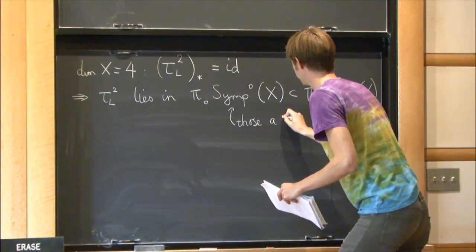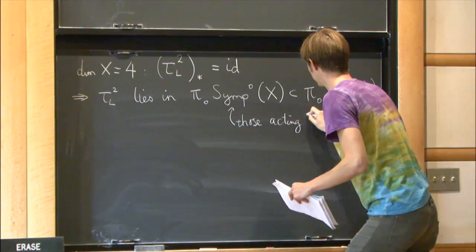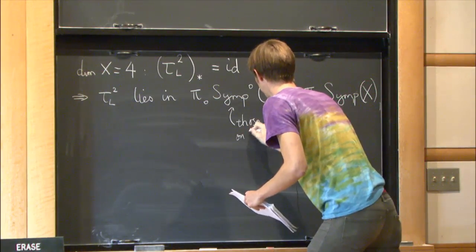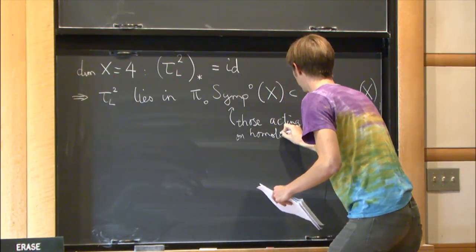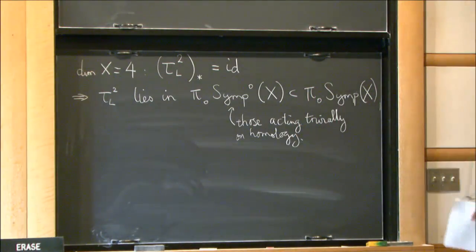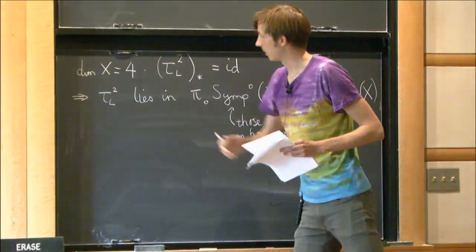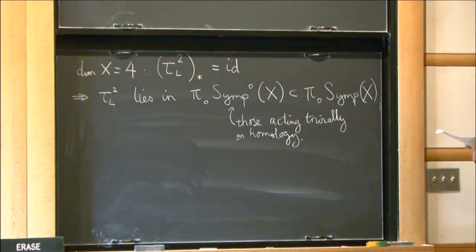So we give a name to the subgroup of symplectic mapping classes that act trivially on homology. We put a superscript 0, and this tau L squared lies in there.